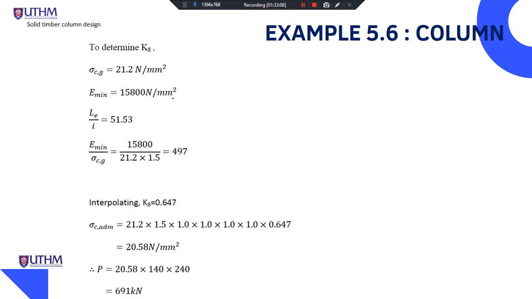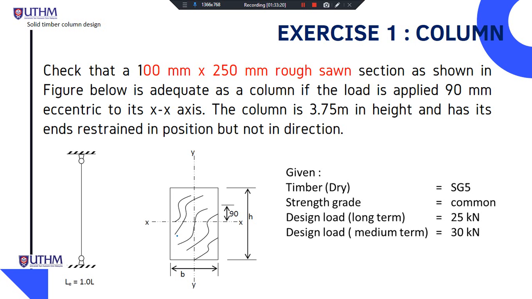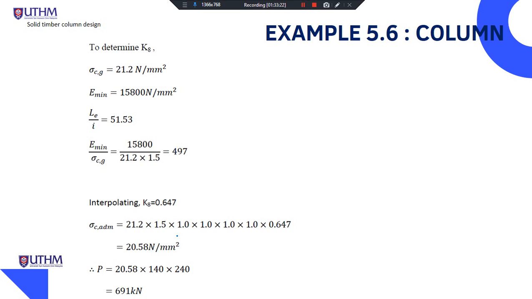So next we determine the KH from the equation. From Appendix D, finally we got KH equal to 0.647.